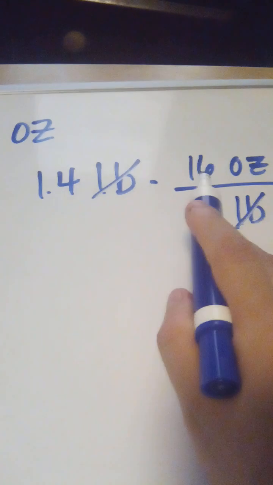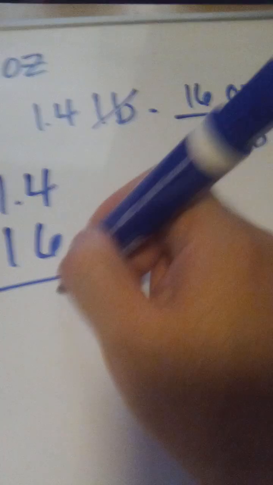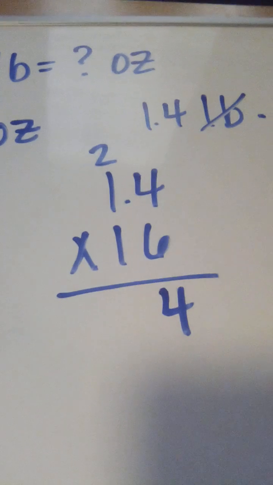This will cancel these two out. You can't be on the same side. And once you have this, you multiply. 4 times 6 is 24. Carry the 2. 1 times 6 is 6. Add 2 more is 8.